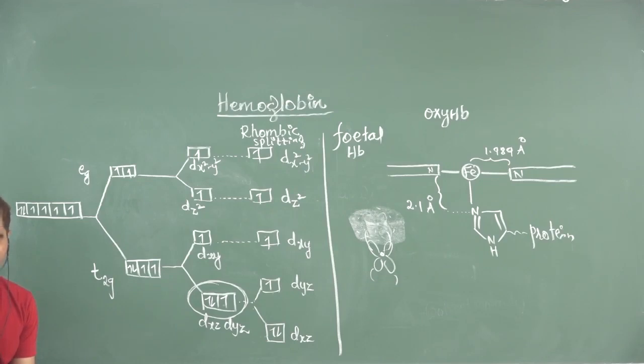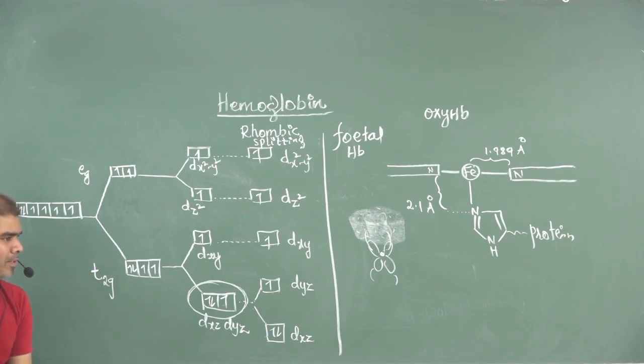You need not remember the diagram, but you have to remember two types of distortions: tetragonal, where it is an elongated, and rhombic distortions. Tetragonal distortion is due to weak bonding at the 6th coordination site. Rhombic distortion is due to unfavorable orbital interactions between the porphyrin pi cloud and the T2g of the iron.